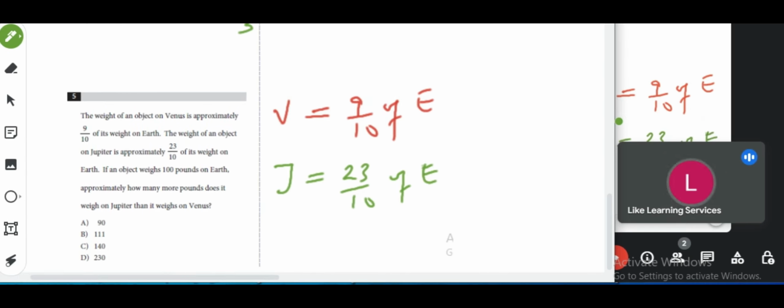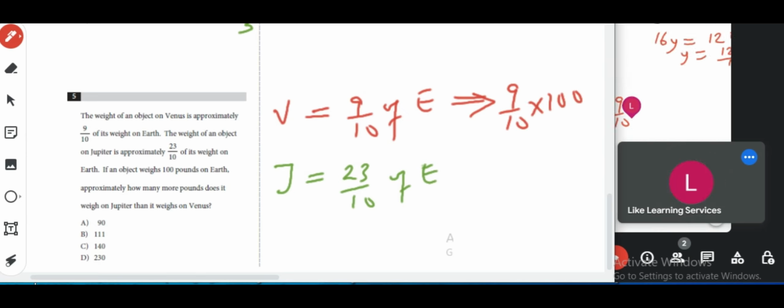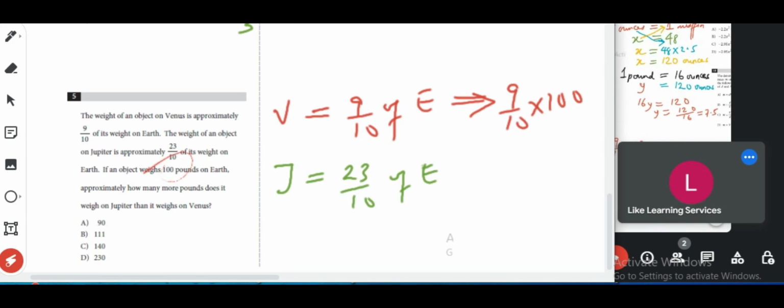Okay, so 9/10 of Earth is what? It says if an object weighs 100 pounds on Earth, can you see it? Did you hear me?